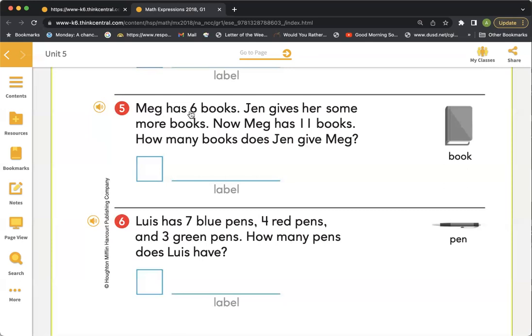So Meg starts with 6. Jen gives her some more. Now she has 11. How many books did Jen give her? Start off with your equation over here. Solve it. The number goes here and the label is book. Pause to solve. Press play when you're ready to begin.